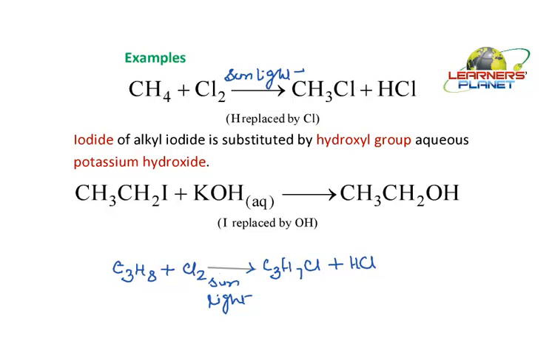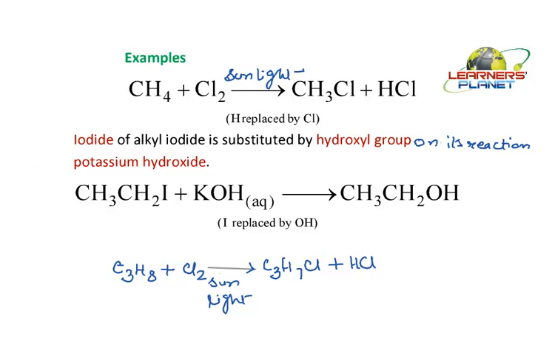There is another example here, that is, alkyl iodide is substituted by a hydroxyl group, right? Of what? Of potassium hydroxide. It is substituted by a hydroxyl group on reaction with aqueous potassium hydroxide. So we'll write it here, on its reaction with aqueous potassium hydroxide.